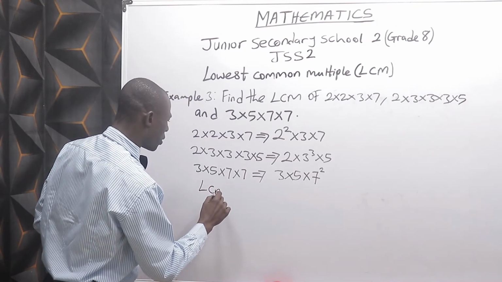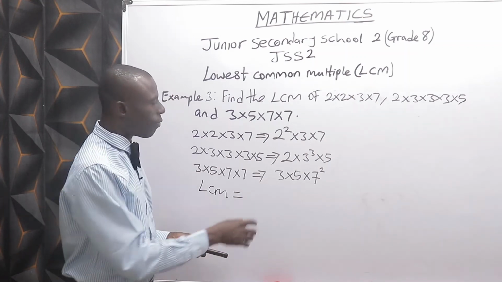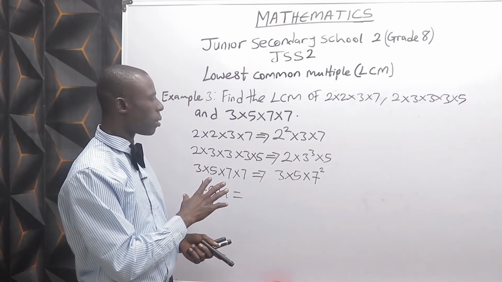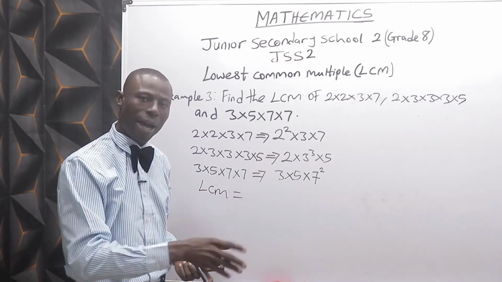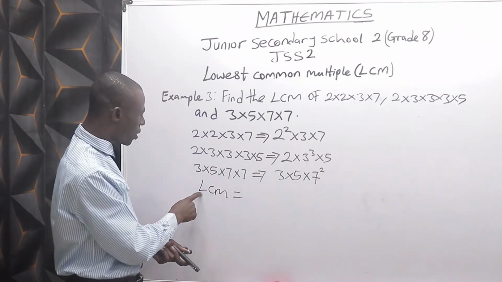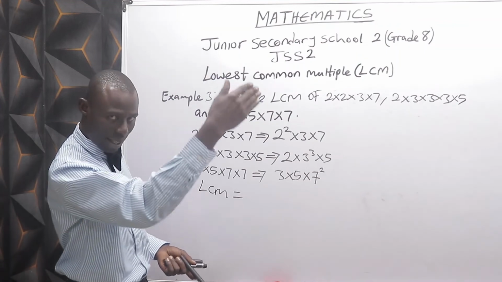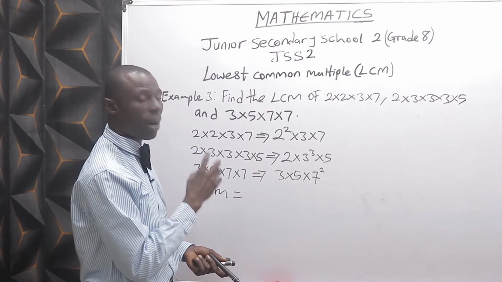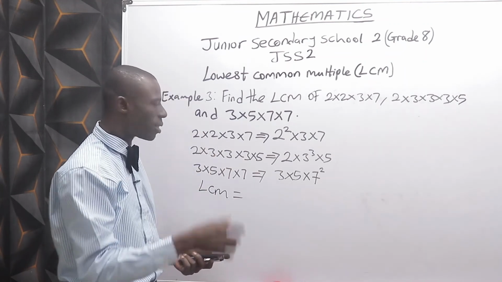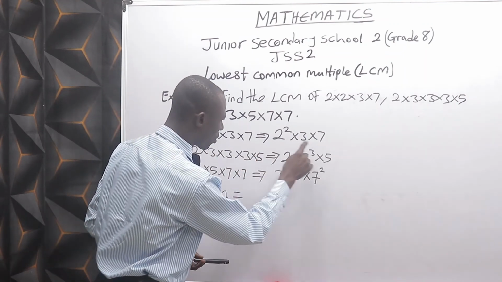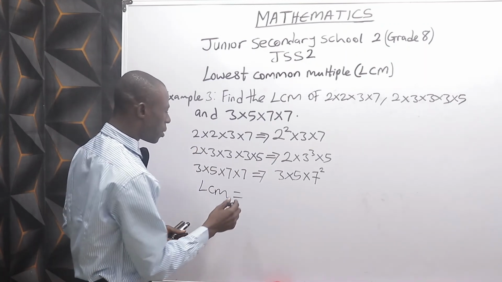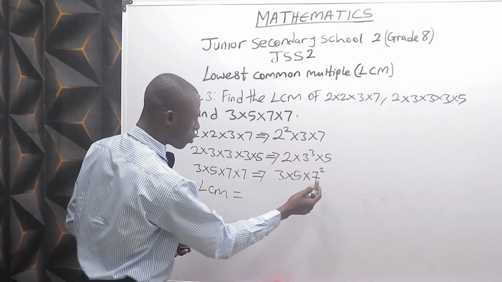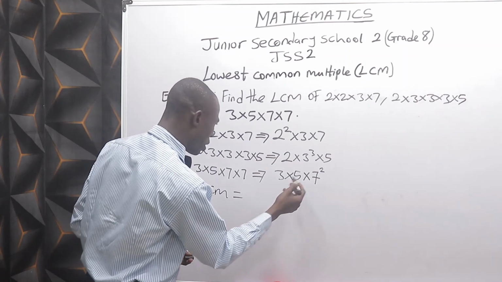The LCM in this regard will be equal to the product of every available prime factor in their highest power. Highest, opposite of lowest, is highest. Taking prime factor 2 in its highest power, we have 2 raised to power 1 here, 2 raised to power 2 here, and 2 does not even exist here as a factor.